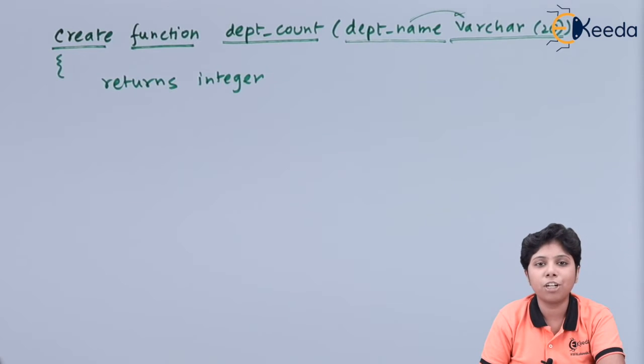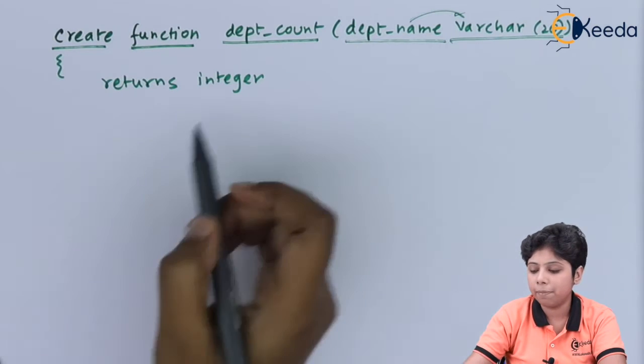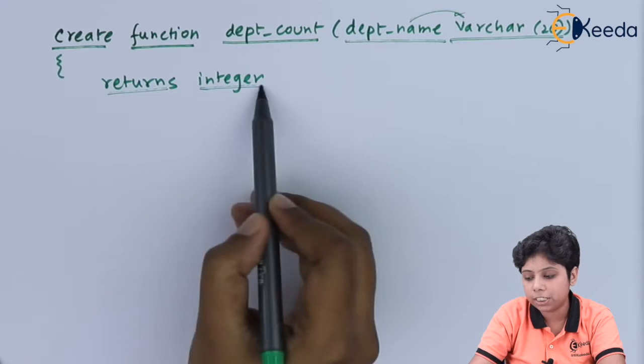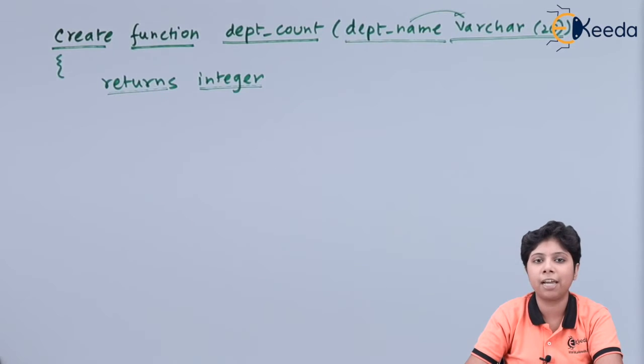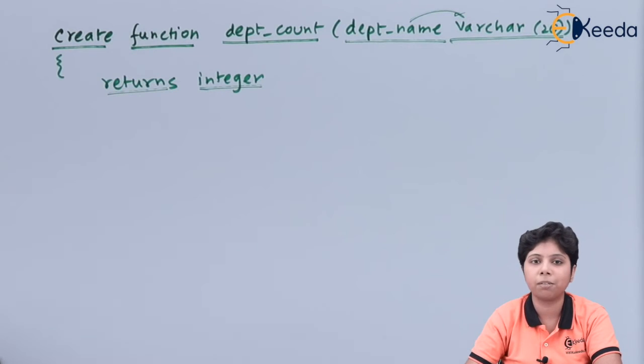Next, after creating the function, I am using returns integer. That means the function will return a value of integer data type while performing the calculation, counting department-name-wise on the particular relation instructor.